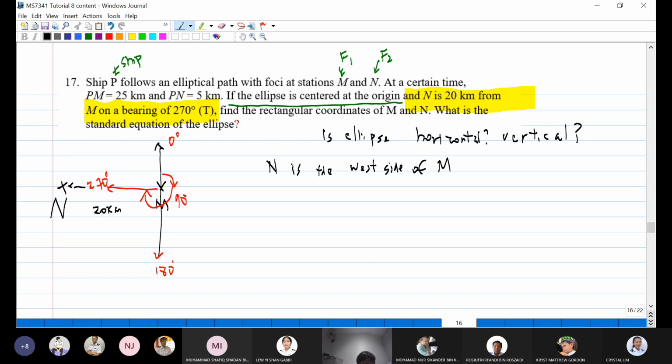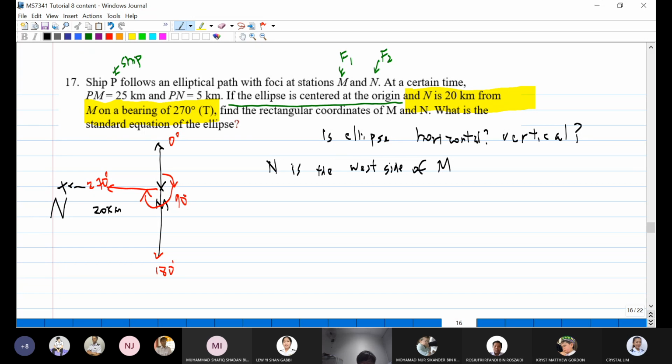Initially I draw N first. I know it's 20 kilometers away from M. But the direction of N measured from M is 270. So from there I know that N is on the west side of M.